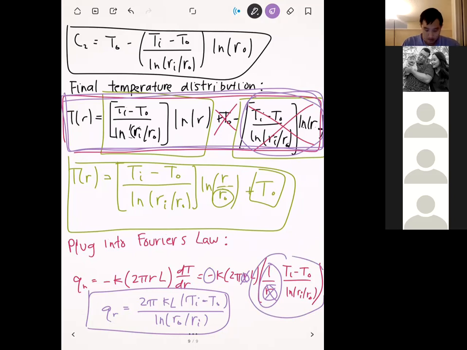Okay. All right. And so that's the expression for the heat transfer rate. Let me rearrange the terms a little bit just to put it in a familiar form that we saw last time. Another way to express Q_r is to group the terms like this: 2 pi k times L all over ln of R_o divided by R_i.